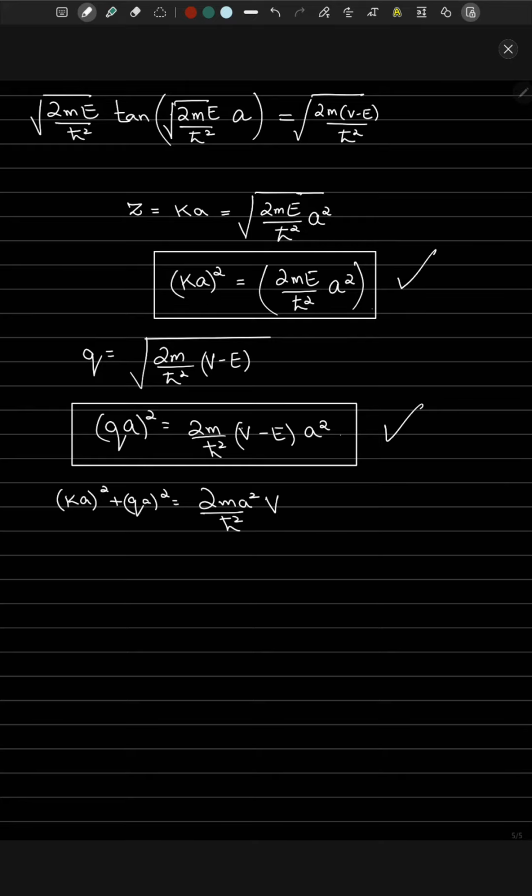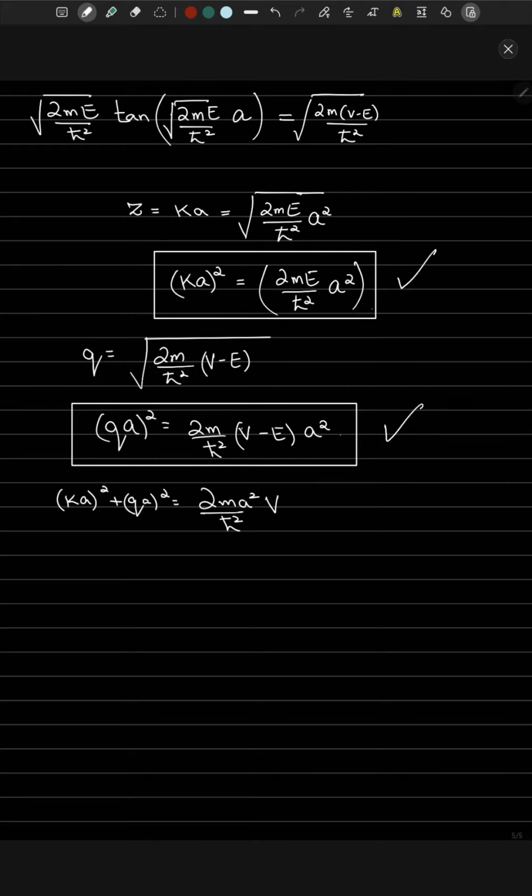And now we can see that the variable z, basically what it is doing, is parameterizing the energy of the state psi, right?